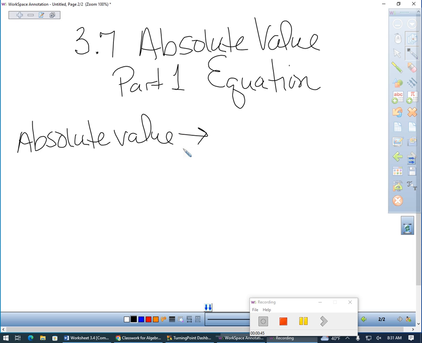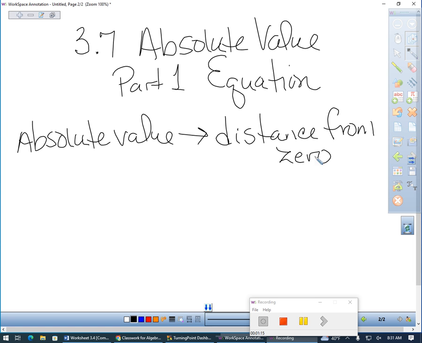All right, absolute value. The technical definition is it's the distance from 0. So distance always has to be a positive number. So if you're at -5, that distance from 0 is 5, right? If you're at +5, that distance from 0 is 5.